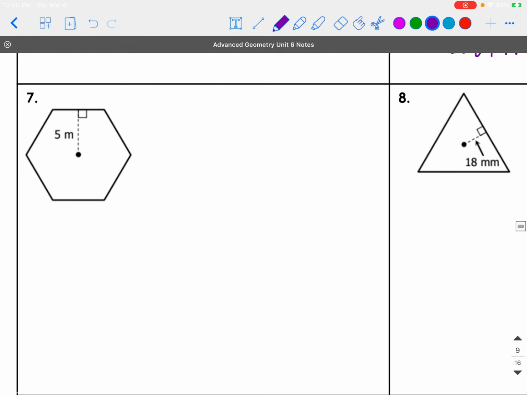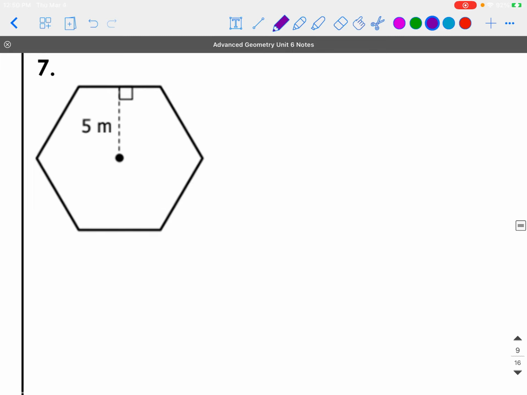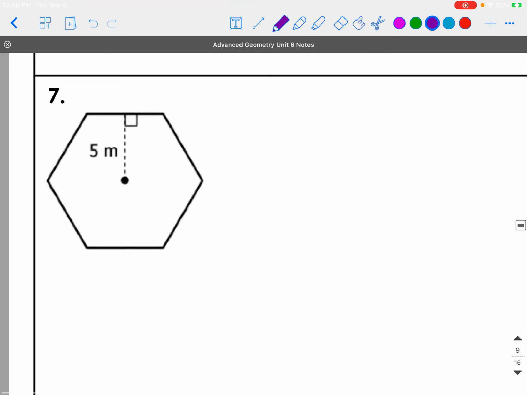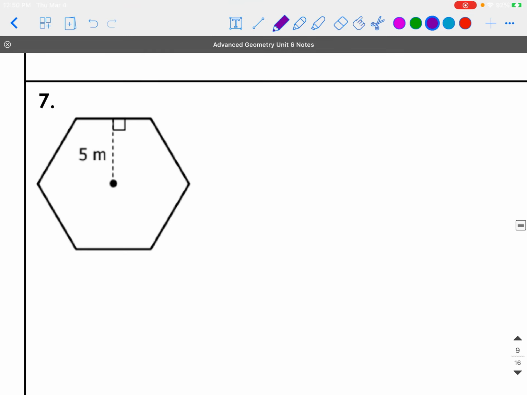Number 7, this time I'm given the apothem, but I'm not given a side length. So something to consider is the actual angle measures, because we know about 45, 45, 90s and 30, 60, 90s.